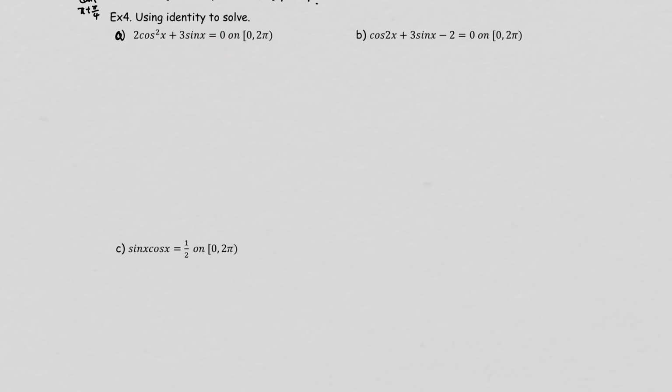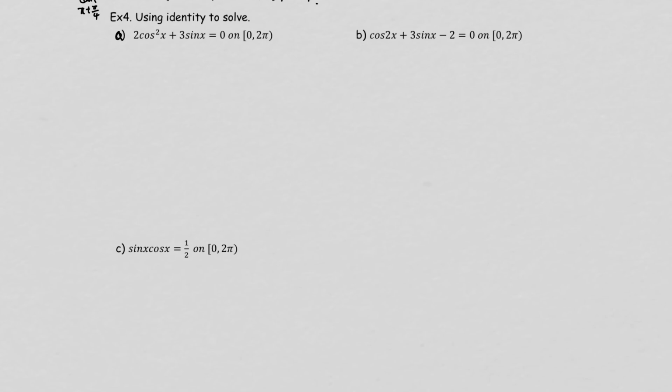So what do I know? Whenever you have a square of either sine or cosine, we can use the identity to convert that into the other one. And we know that cosine square x should equal 1 minus sine square x. Again, I'm using identities.